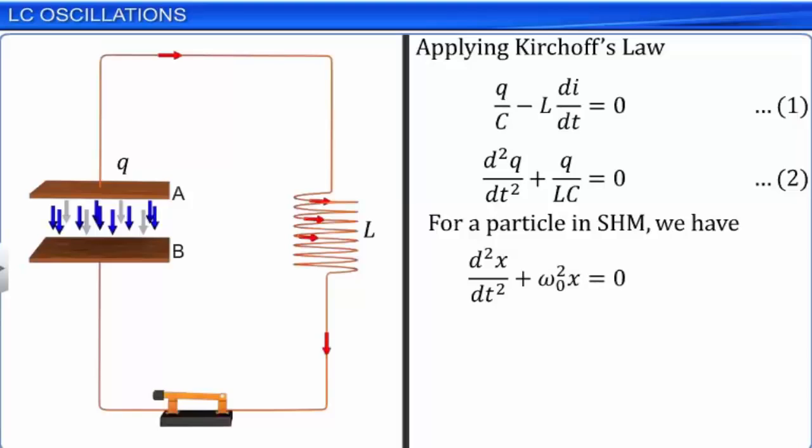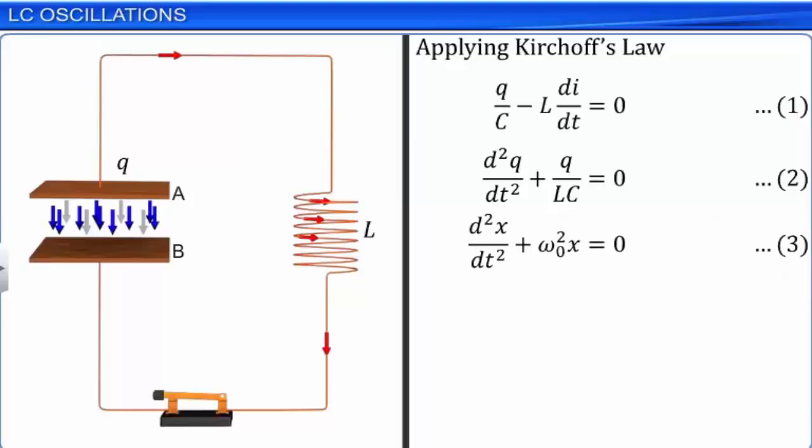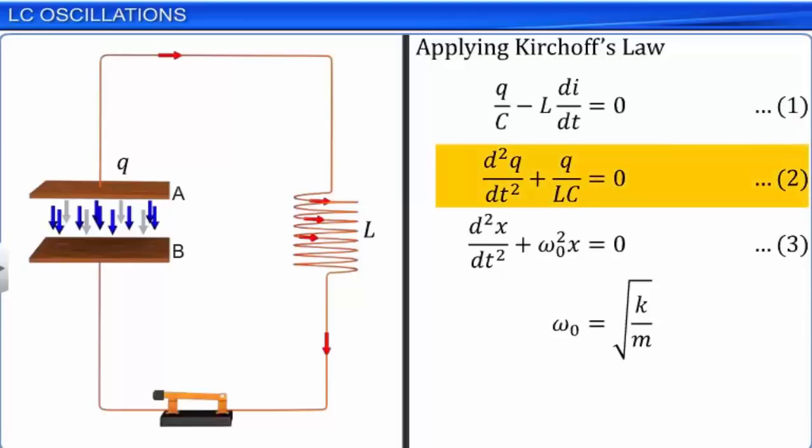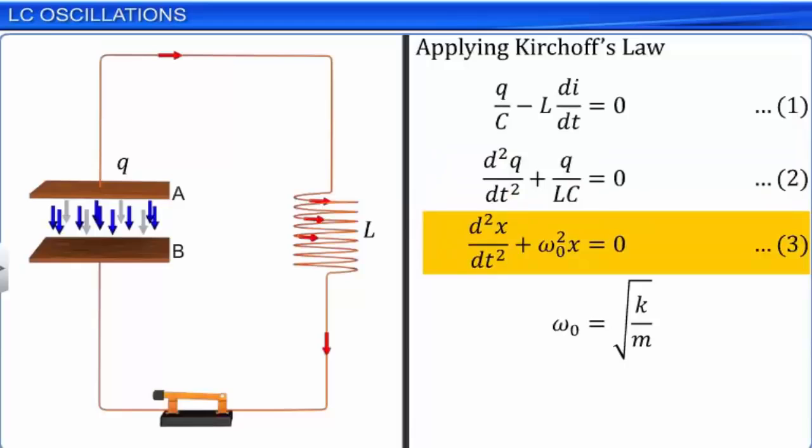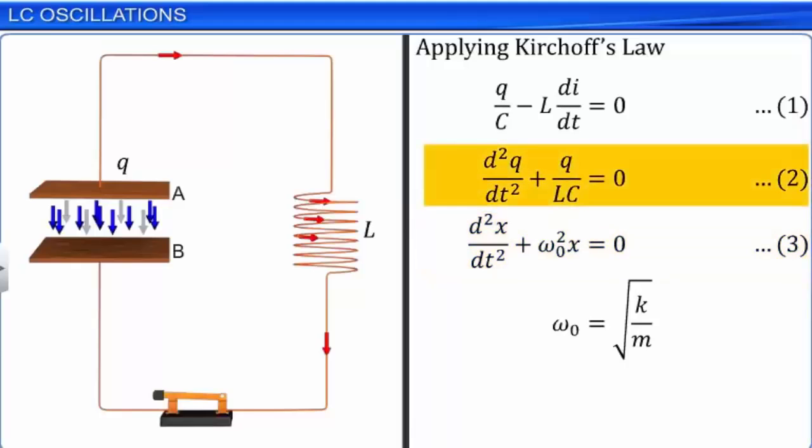Here, the natural angular frequency 𝜔0 is equal to the square root of k/m, where k is the force constant for simple harmonic motion. Equation 2 is observed to be similar to equation 3. Comparing equations 2 and 3, we have the natural frequency 𝜔0 of LC oscillations in the circuit equal to 1/square root of LC.